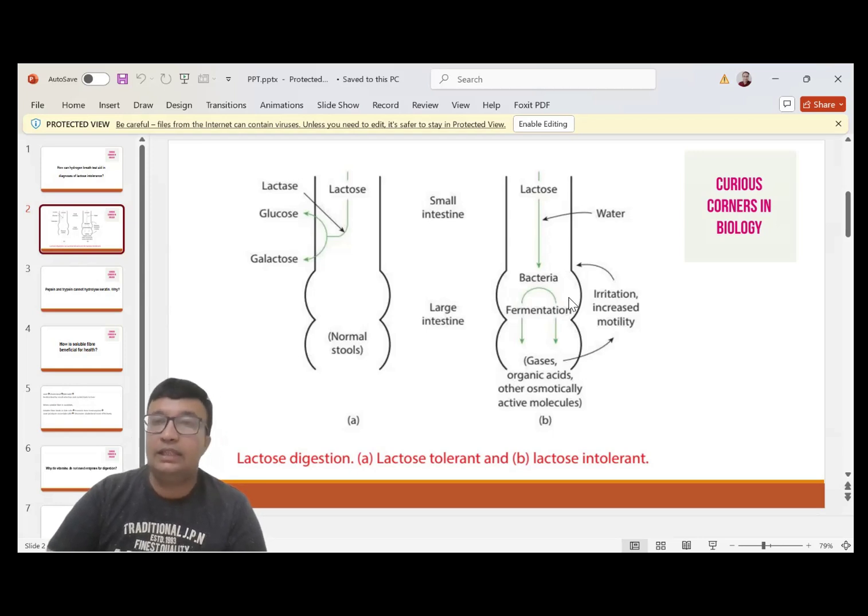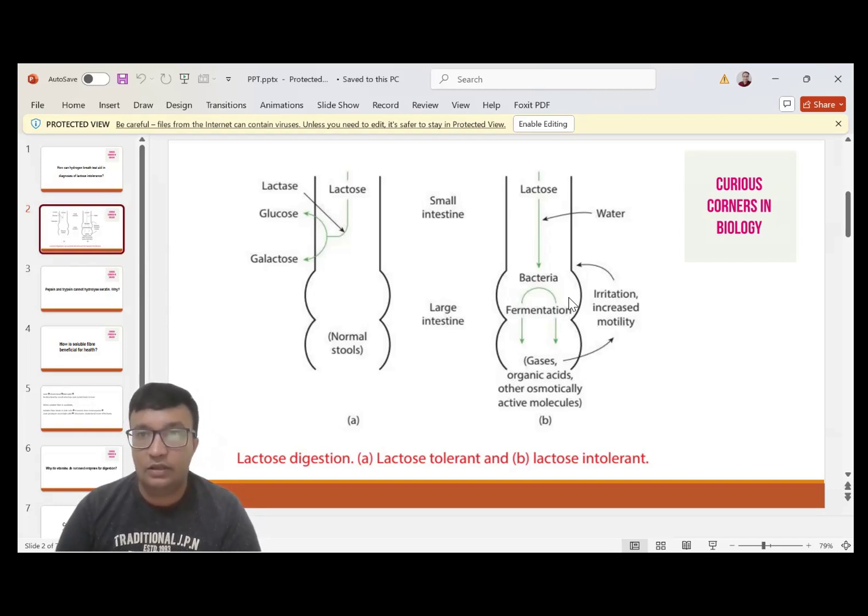Fermentation, we know, is a process that leads to production of gas and acids. So gases, especially hydrogen, are produced. There are, of course, other organic acids produced and other osmotically active molecules. There is also increased motility, which causes abdominal cramps and some discomfort in the abdomen.